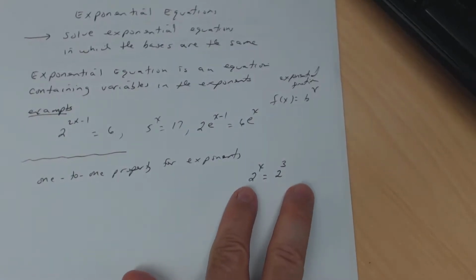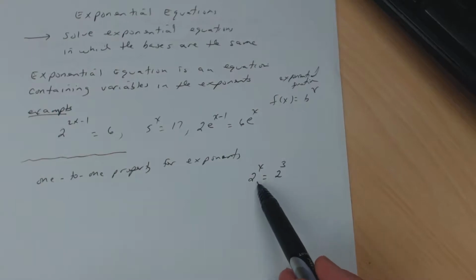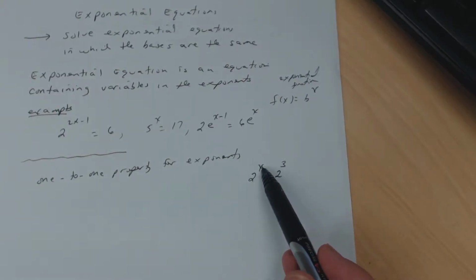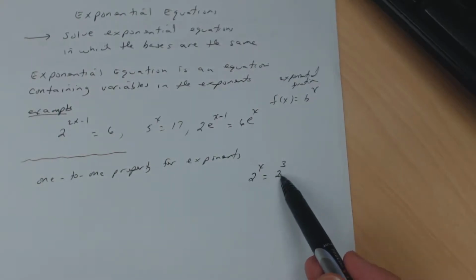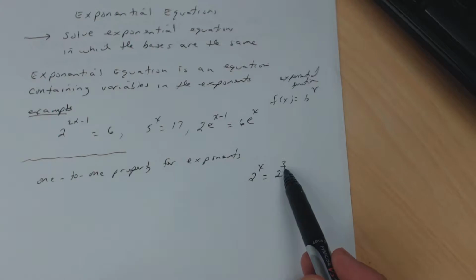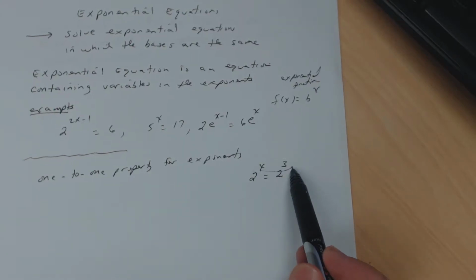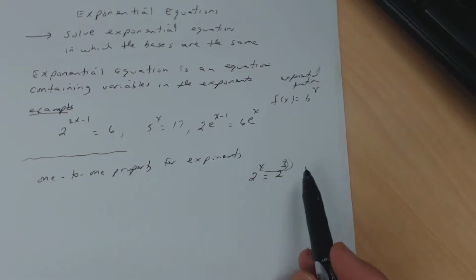Look at this exponential equation. What do you notice about the bases? The bases are the same. In order for the left side to equal the right side, what must the value of x be? The value of x must be 3. If the bases are the same, then the exponents have to be the same, hence the one-to-one property.